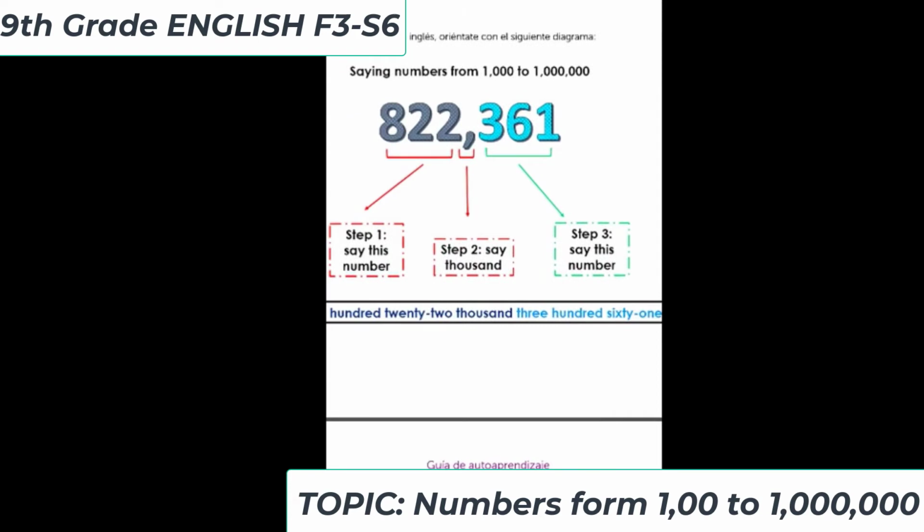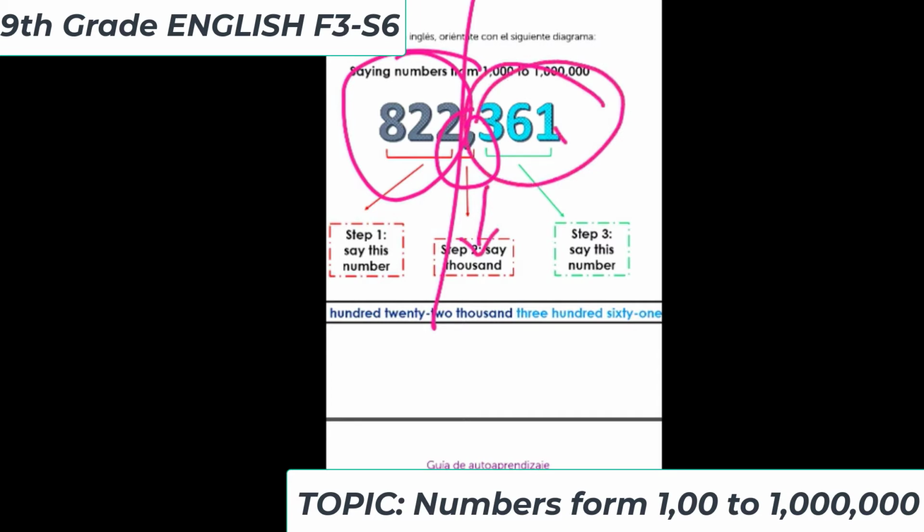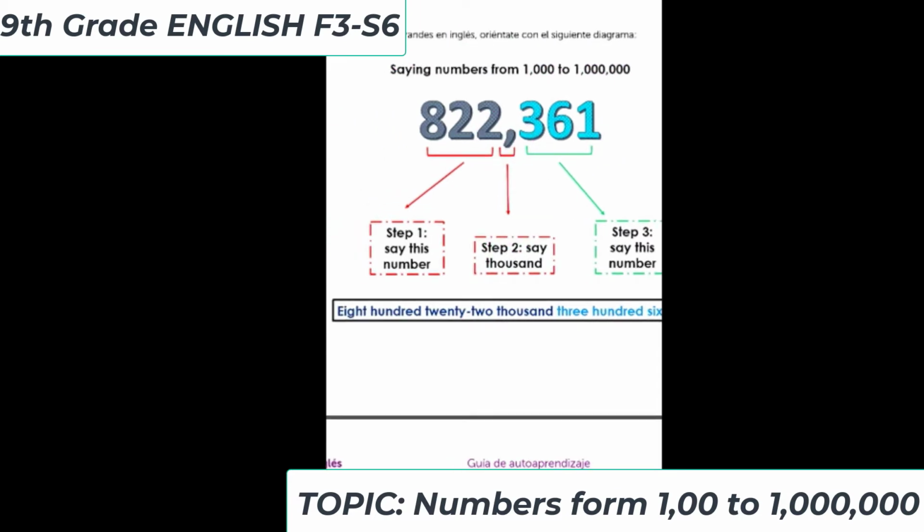Entonces la idea here is to divide, dividir, ¿ok? Dices este number, ves la coma y dices thousand y luego dices este otro number, ¿ok? ¿Cómo sería? Entonces, say this number, digamos este número, 822. The comma, thousand, ¿ok? And the following number, say this number, 361. How do we say that in English?